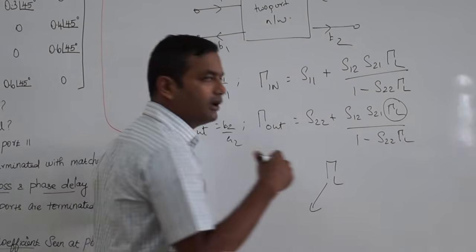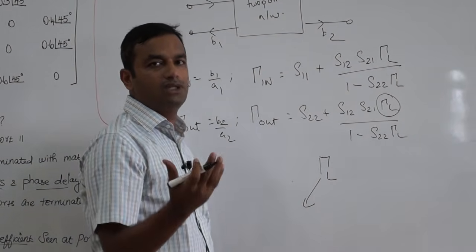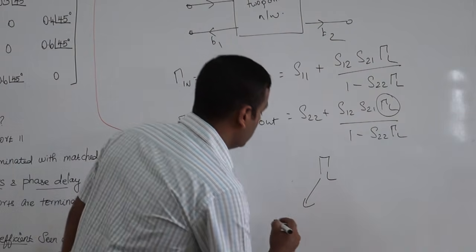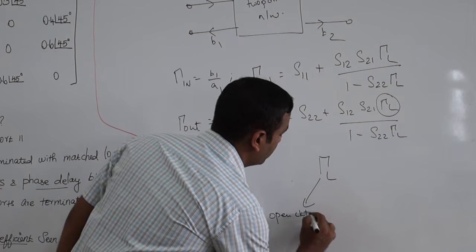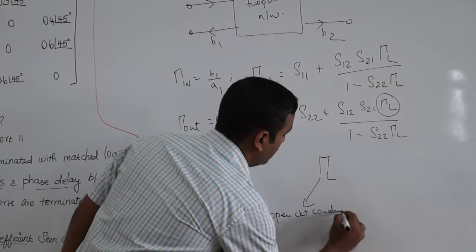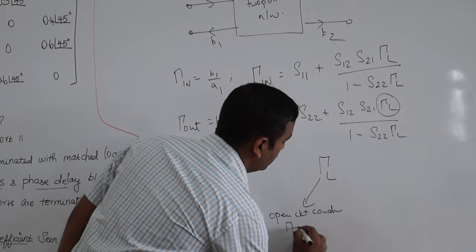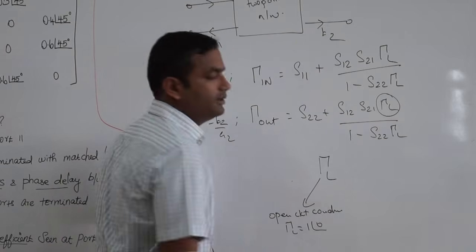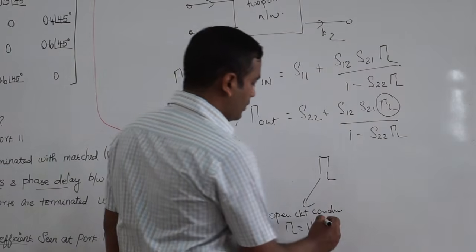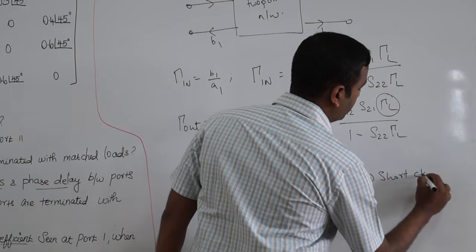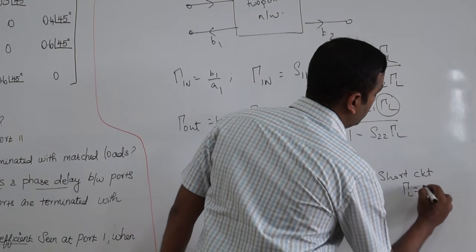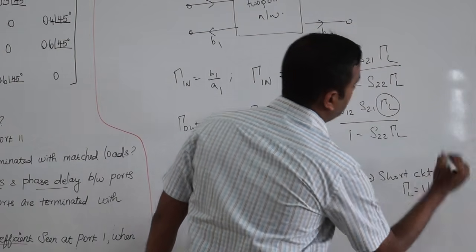If you go back to your Smith chart, you could recollect that in an open circuit condition, gamma L will be 1 angle 0, and in a short circuit condition, gamma L is equal to 1 angle 180 degrees.